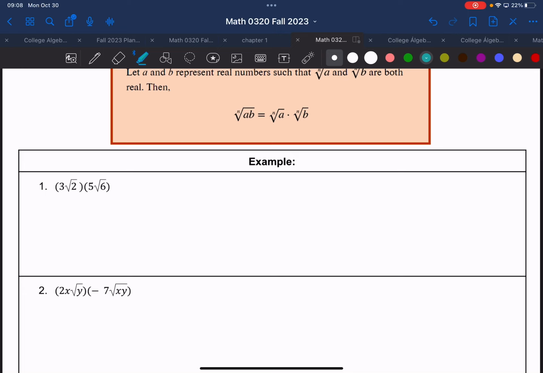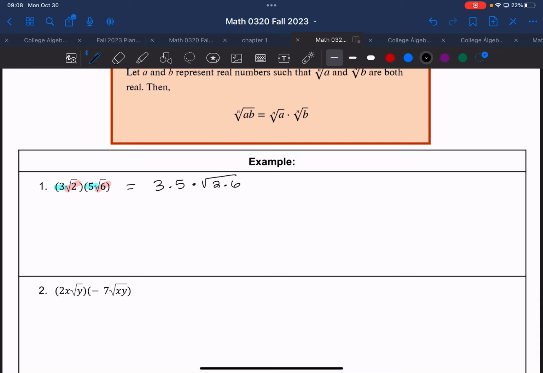So for example, 3 square roots of 2 times 5 square roots of 6 is the same as saying 3 times 5 and then the radical 2 times the radical 6. So this is times the square root of 2 times 6. Okay. Then we simplify that.